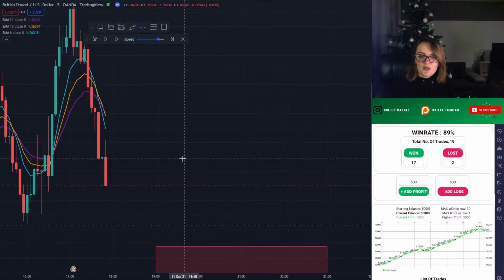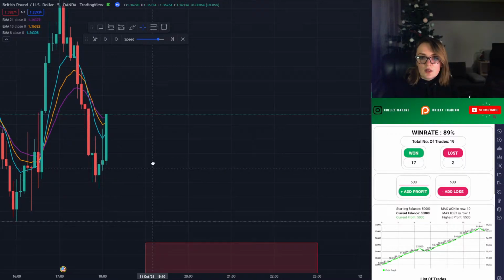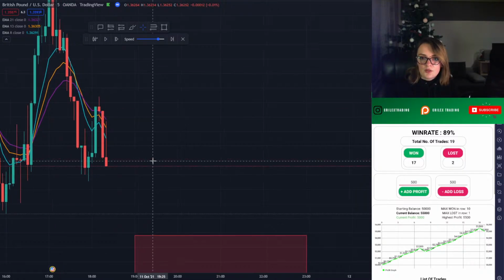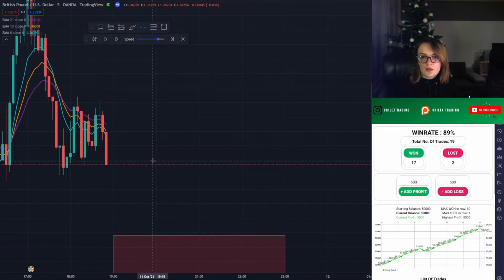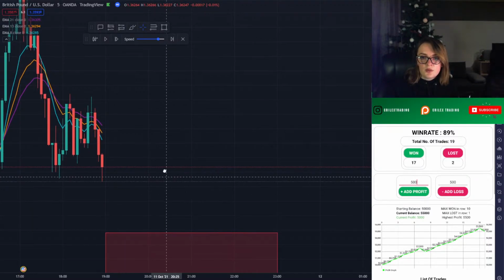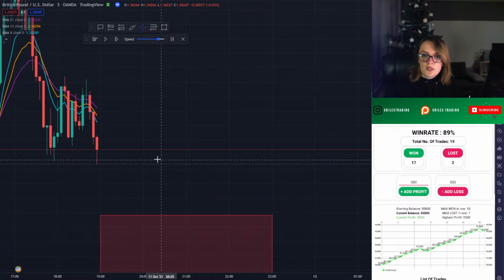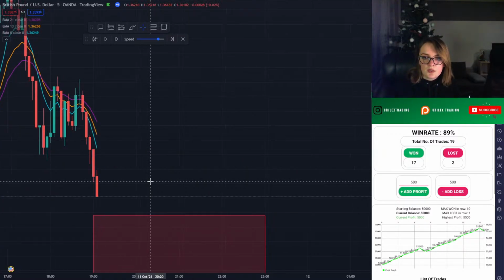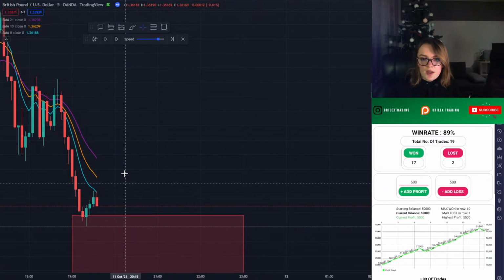Okay, so the price started to go to the downside, and now we have no entry point for the moment. These red candles closed below this EMA, so now we are going to look for a sell position as soon as the EMA will be retouched, as we have the case here.